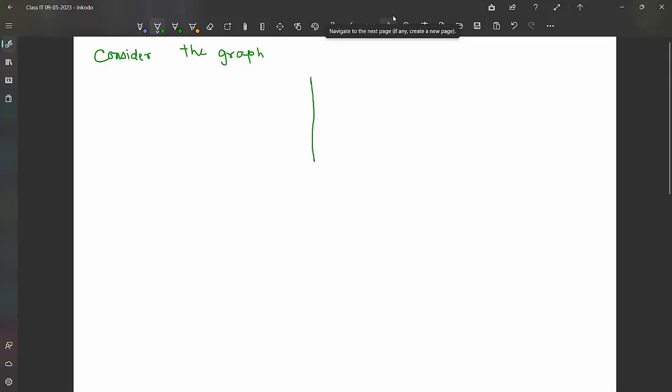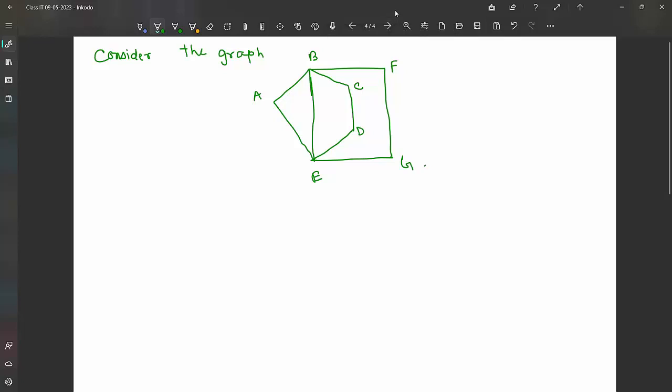Suppose this is the graph, and here this is A, B, this is C, this is D, this is E, and F, and this is G. Now tell me, what is the chromatic number of that graph? First we start with, suppose this graph is the G graph. So this is the G graph.